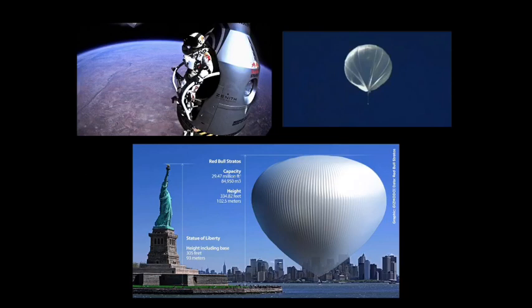This is Felix Baumgartner. Felix Baumgartner was the first human being to break the speed of sound, to break the sound barrier in free fall. He had a spacesuit on, right? But in the parachute dive that he took from the quote-unquote edge of space, he broke the sound barrier on the way down. Pretty amazing.